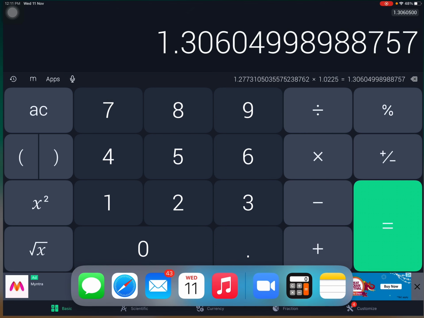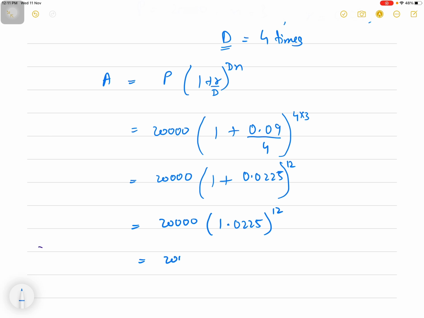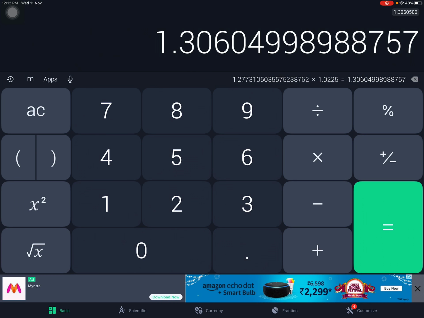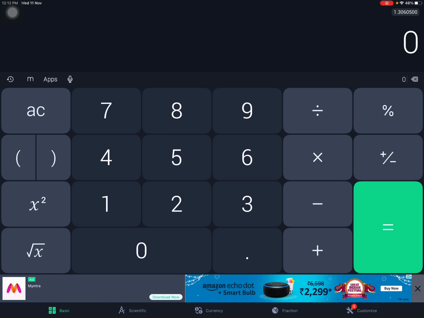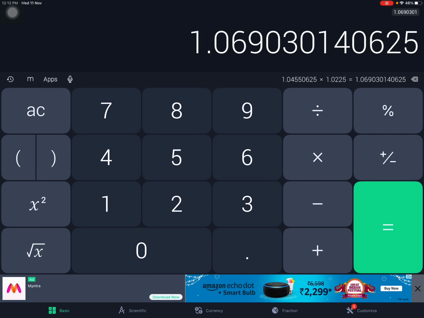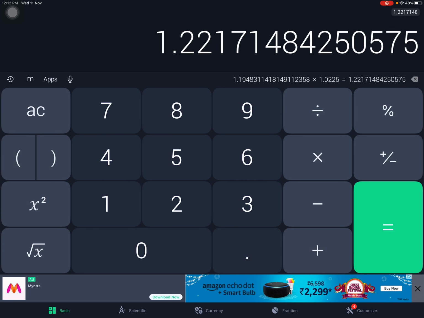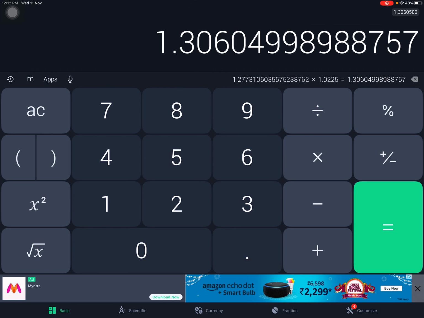Let me recheck: 1.0225 into square, cube, 4 times, 5, 6, 7, 8, 9, 10, 11, 12.